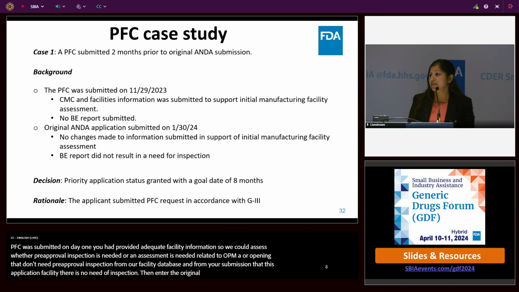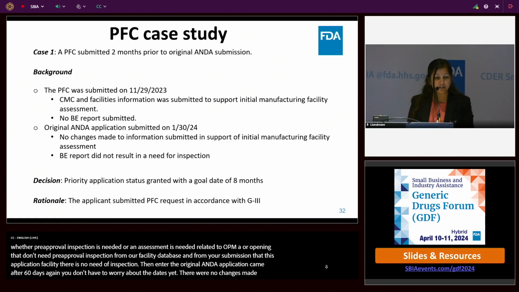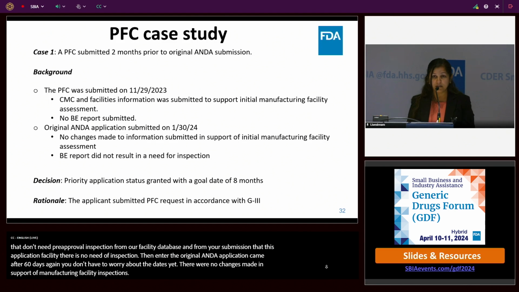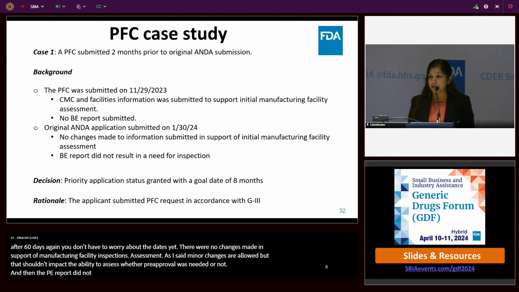We determined that there were no changes made in support of the manufacturing facility inspection assessment. As I said, minor changes are allowed, but that shouldn't impact our ability to assess whether pre-approval inspection was needed or not. And the BE report also did not reveal that we need any additional inspection. So in this case, we granted priority status for the ANDA application. So it gets the 8 months goal date.